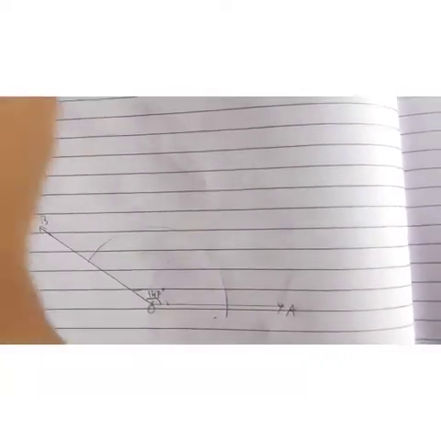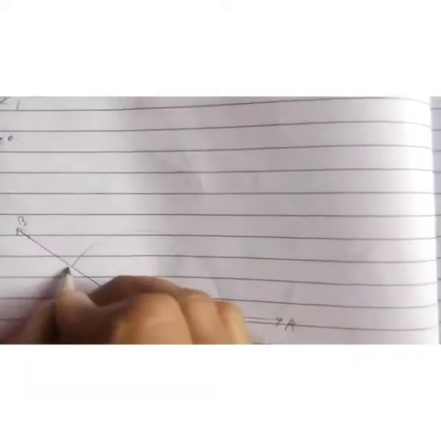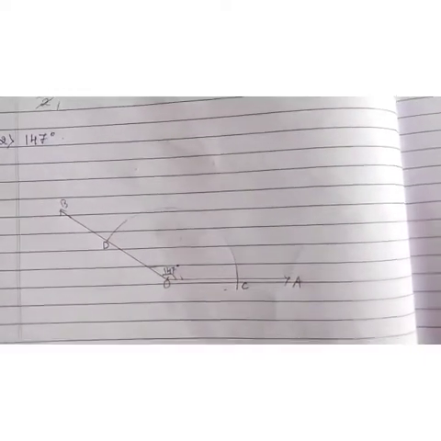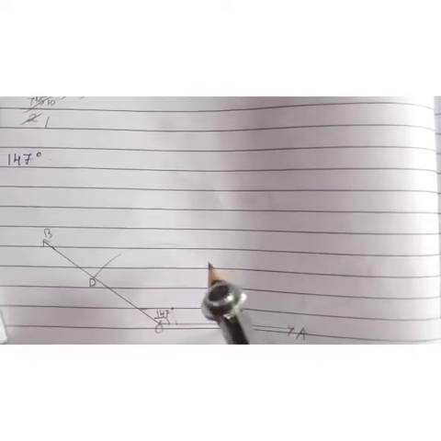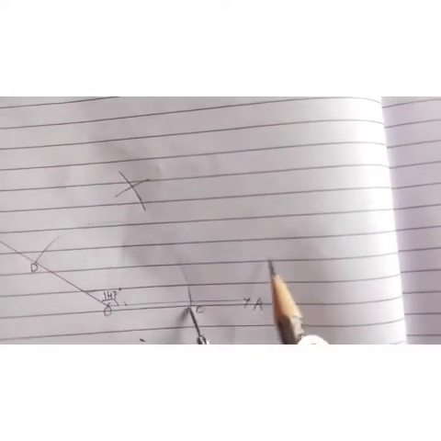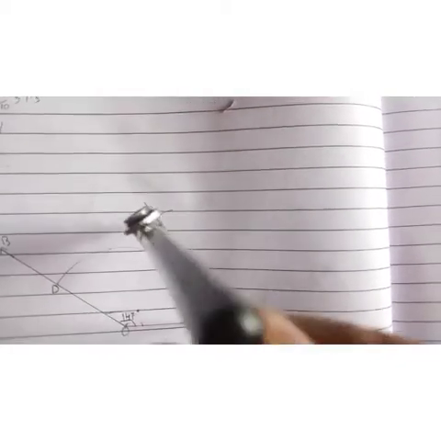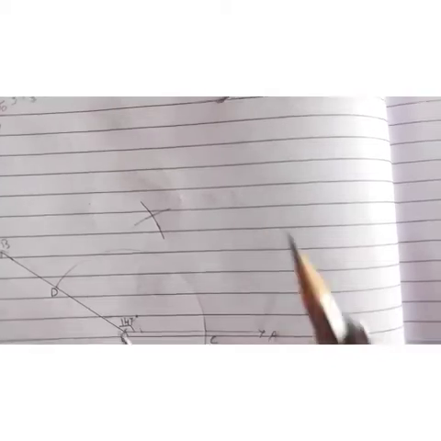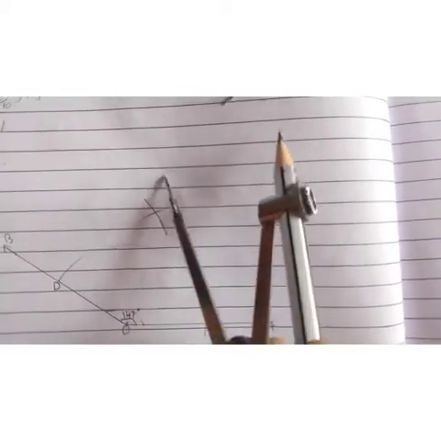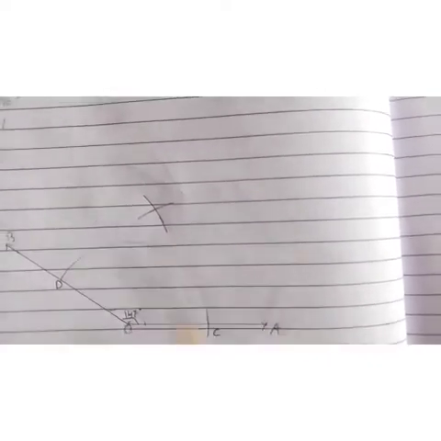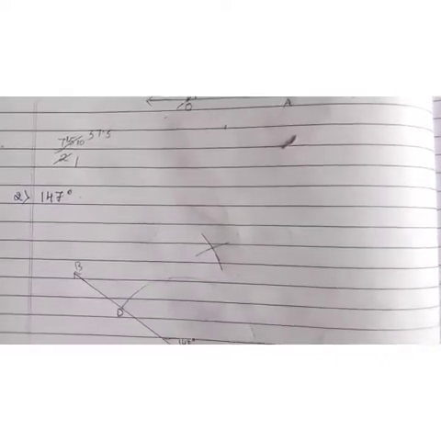Now mark these points as C and D. Next step, what you have to do? With C as center and radius more than half of CD, you have to draw an arc, and with the same radius again with D as center draw. You get a point and then join this point to O and name it as E.